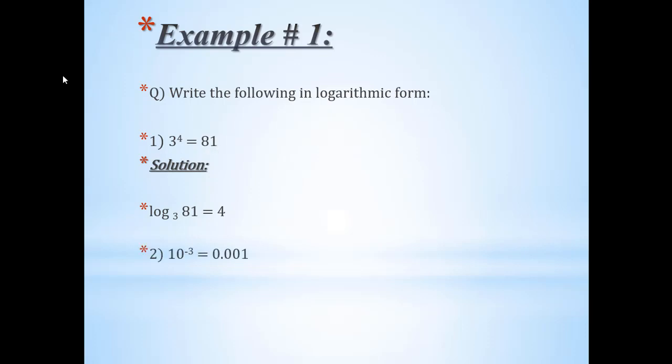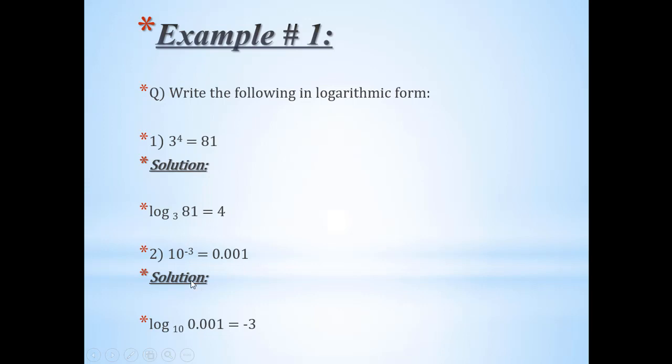Number 2, in this case 10 is the base, minus 3 is the exponent, and 0.001 is the value or the number of which you are going to calculate the logarithm. So similarly, just copy this method, this procedure, and put the values over here. This is the log form of this exponential form.